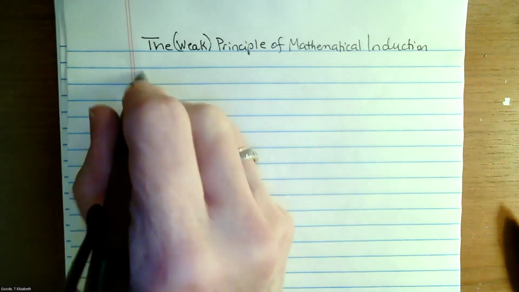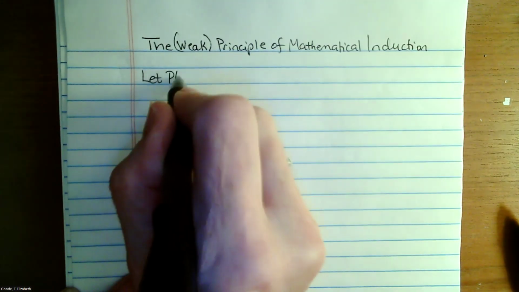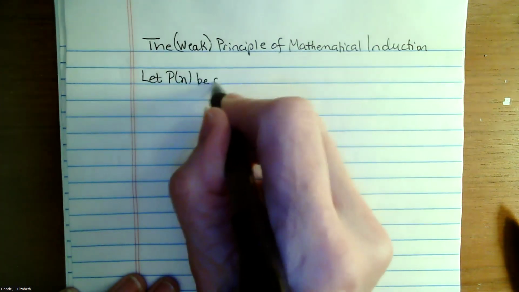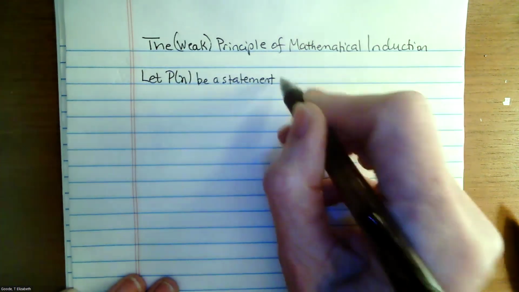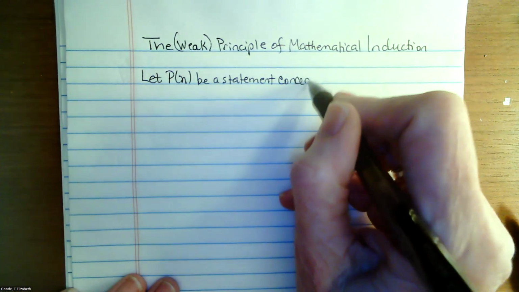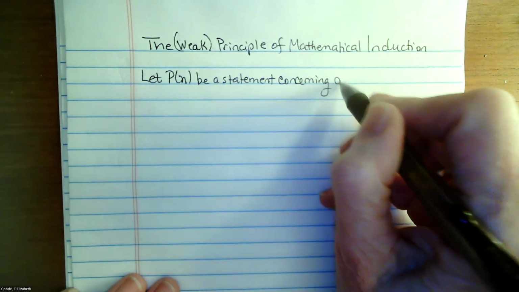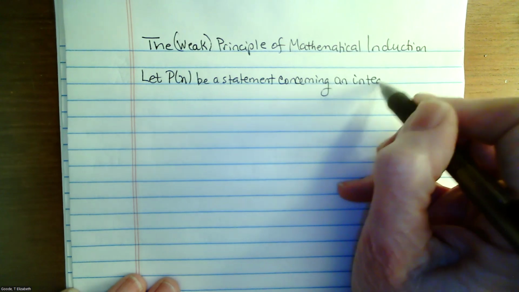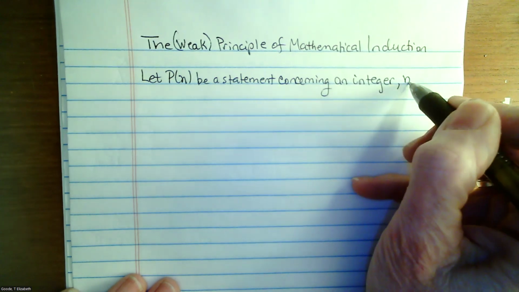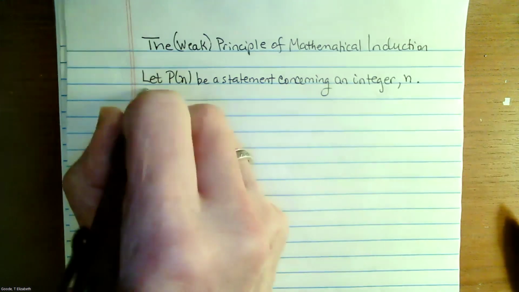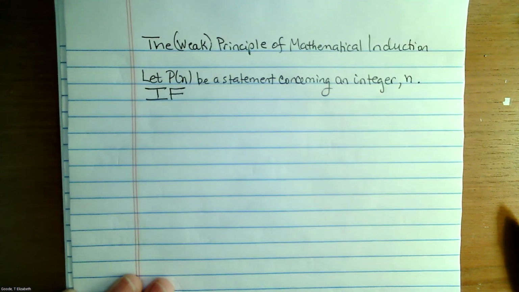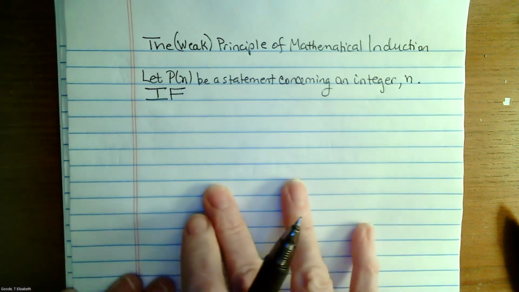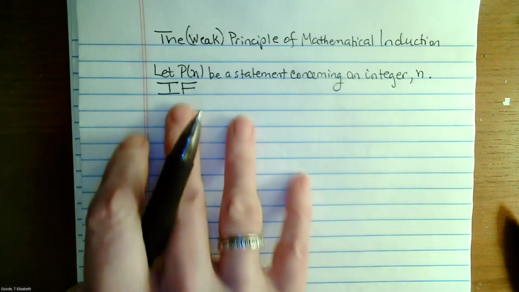Here we go. Let P of n be a statement concerning an integer n. And now we have some ideas about what those statements might look like. If, and it's a big if, okay? We're going to have a compound hypothesis here. We'll write that in a minute.